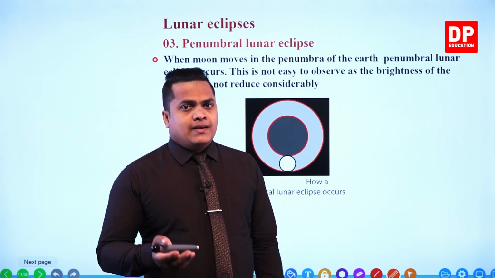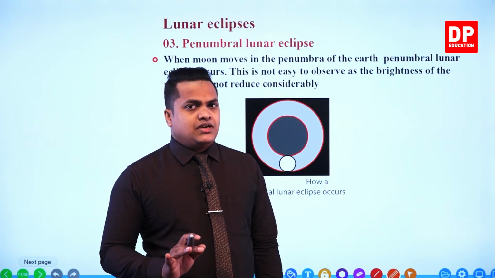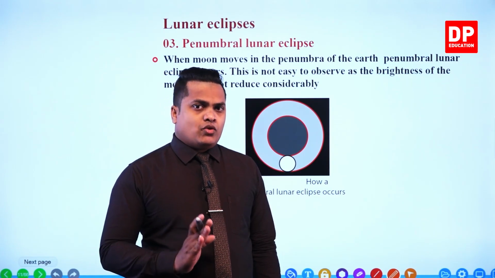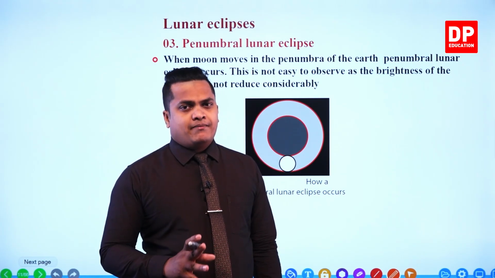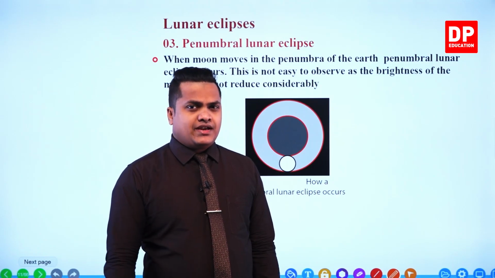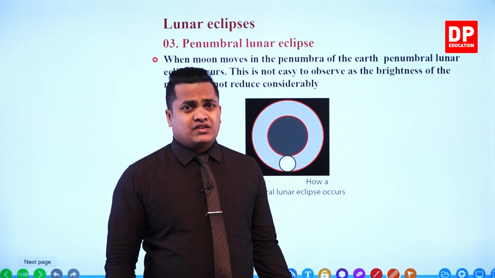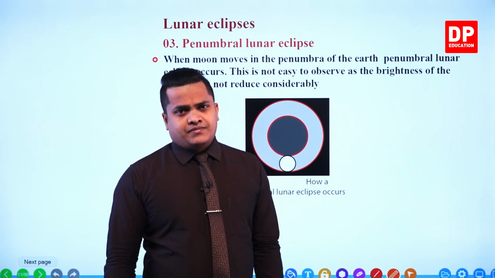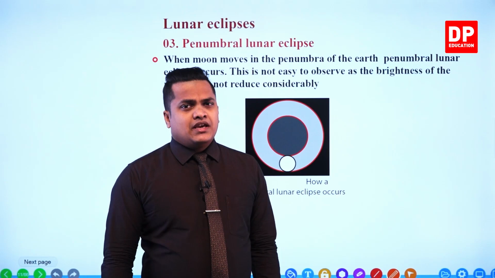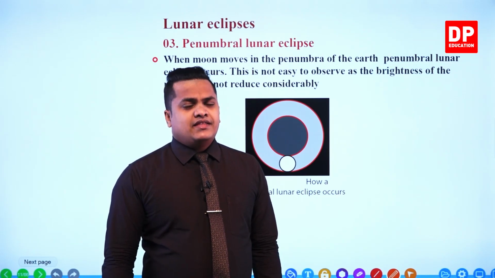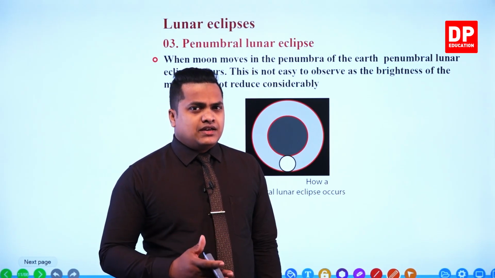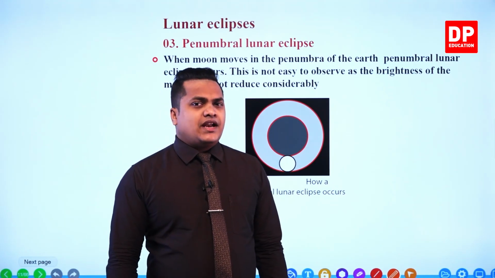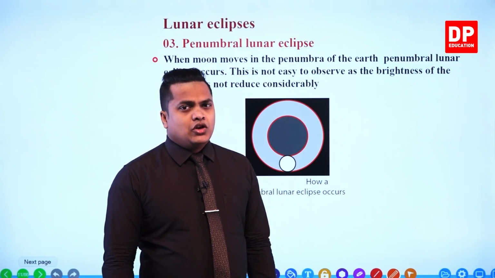But the penumbral one is not that visible to the naked eye, my dear children. It's very difficult to observe because the brightness of the moon is not reduced that much. It's mainly because of the size of the earth and the distance between the earth and the moon, okay? So these are the special cases that you need to remember about the lunar eclipses.